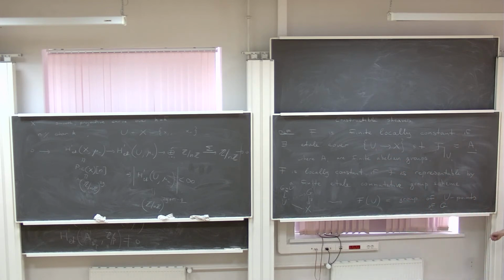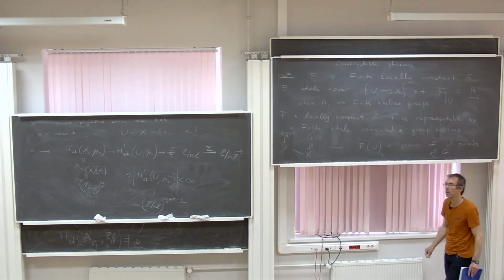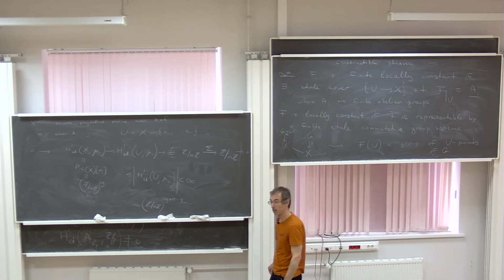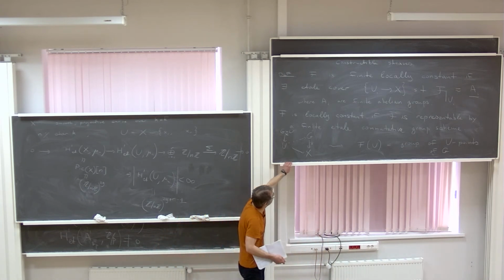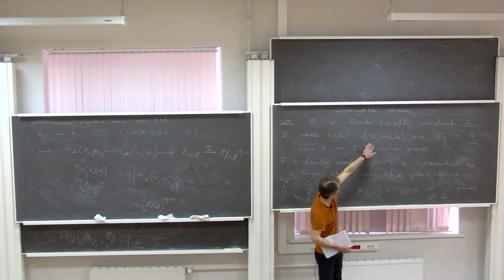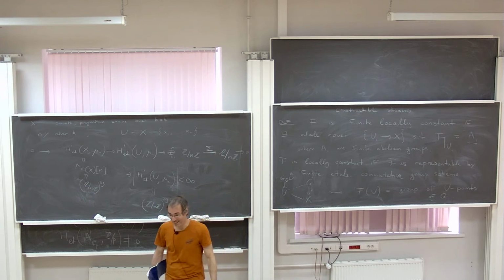That's a corollary of faithfully flat descent. Why will this construction be étale? Because when you pull it back to U_i, it's going to be a split étale cover.